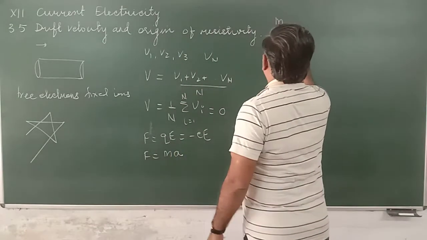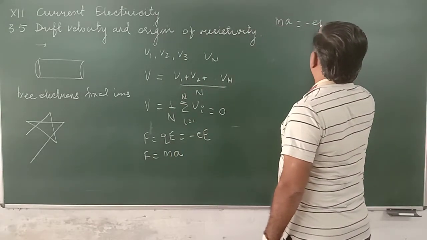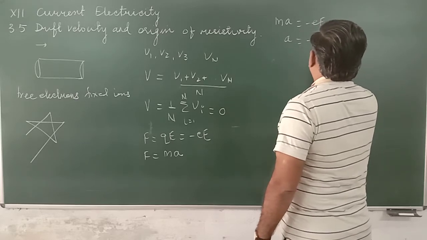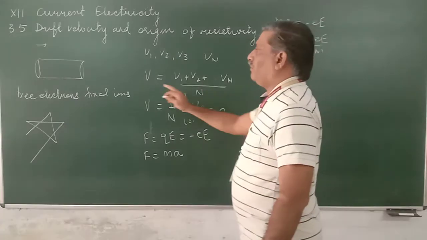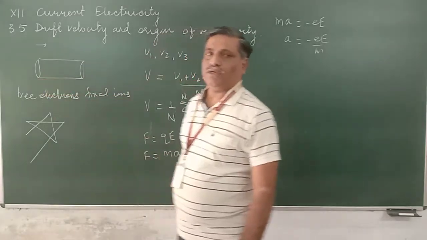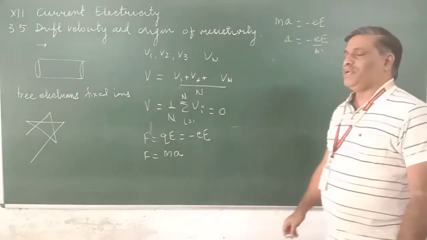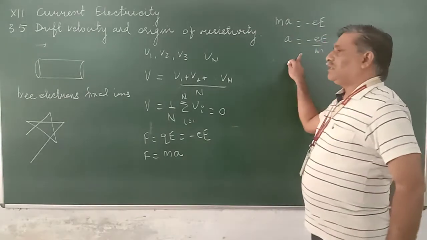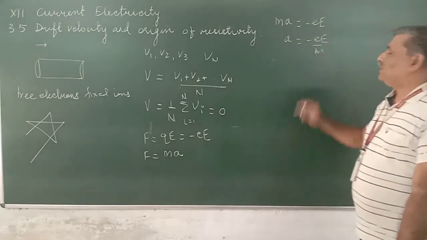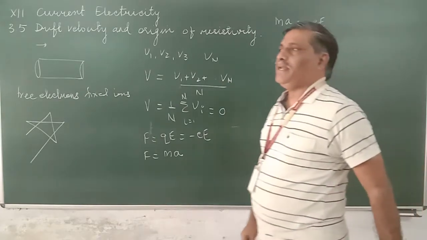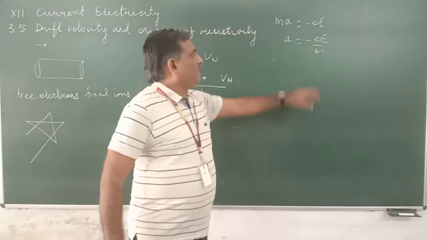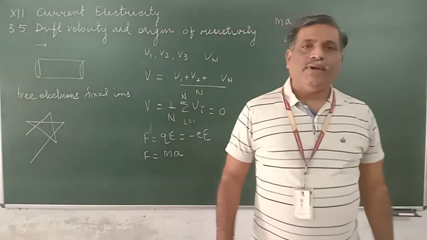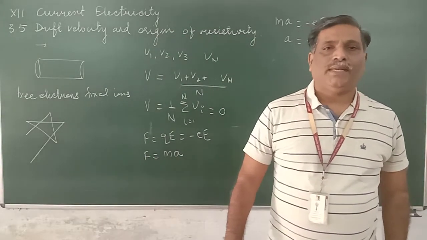Therefore, ma is equal to minus eE, which gives us a is equal to minus eE by m. So this is the acceleration when the field is applied to the conductor. As soon as we apply the electric field, the acceleration on the electron is equal to minus eE by m, where e is the charge on the electron, E is the electric field, and m is the mass of the electron.